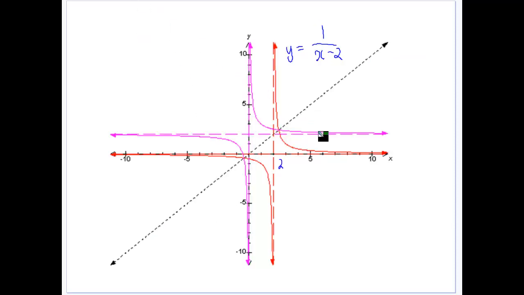Drawing it up gets a little bit messy. So the orange is 1 over x minus 2. So if you need to stop the video and have a look at this carefully, then feel free to do that. But there's our asymptote of x is equal to 2. So when we go to the pink, y is equal to 2 becomes the asymptote for our new function. So hopefully you can see that that's going through 2 there. That was going through 2 there. So our asymptotes swap around.